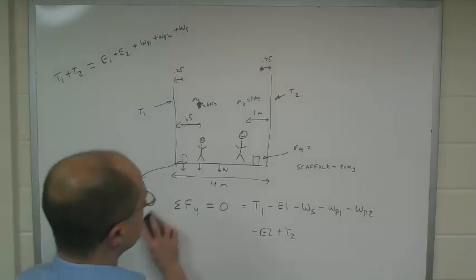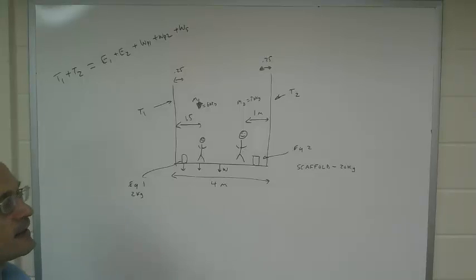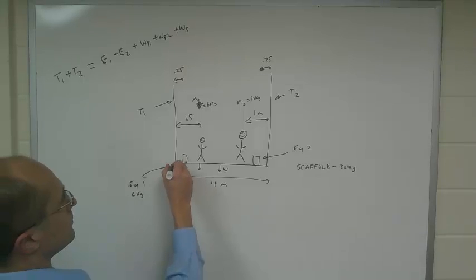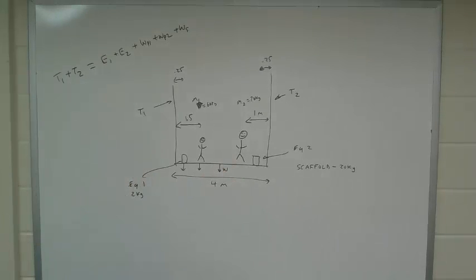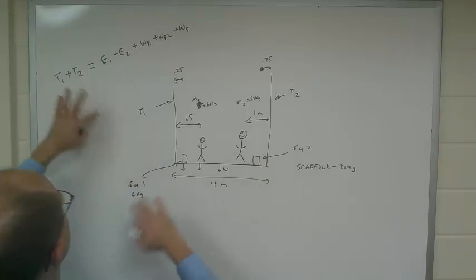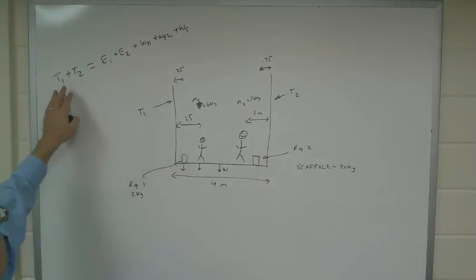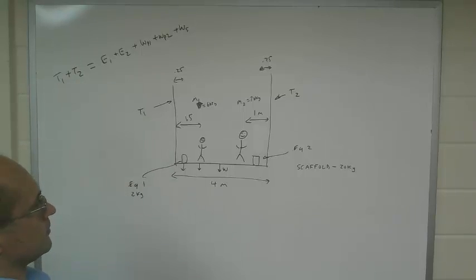Now, what do we need to know to figure out tension 1 and tension 2? We're going to have to sum our torques. You should pick either this end or the middle. But if you pick the middle, you'd have to substitute in without a number, solve this one to get a number, and then back solve to get the other number.